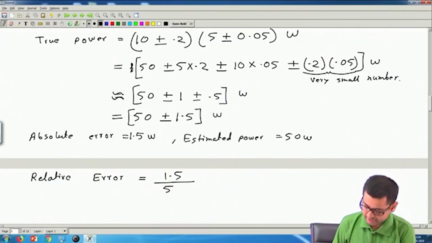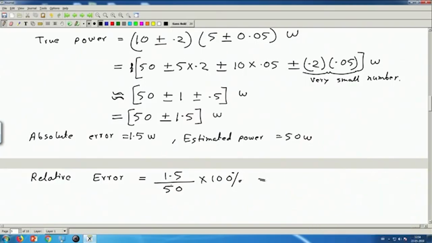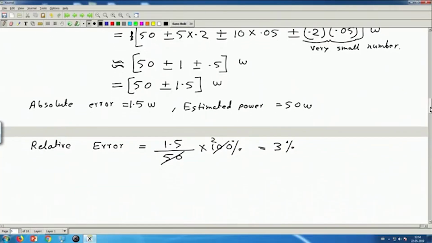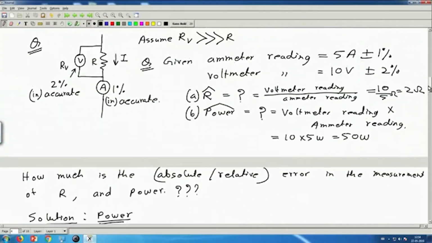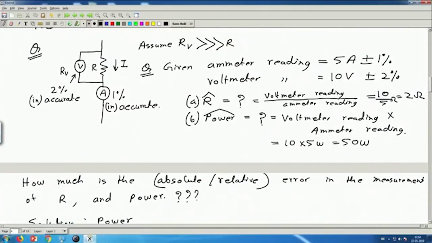So let's divide it by 50 and multiply by 100%. So this will come out to be 3%. Just observe that the error in the voltmeter was 2% and the error in the ammeter was 1%. If we sum these, 2 plus 1 is 3.